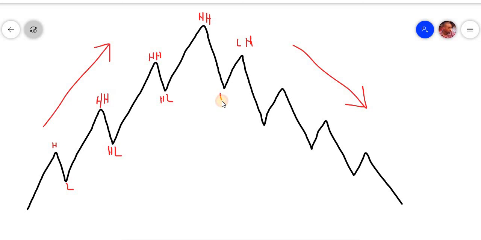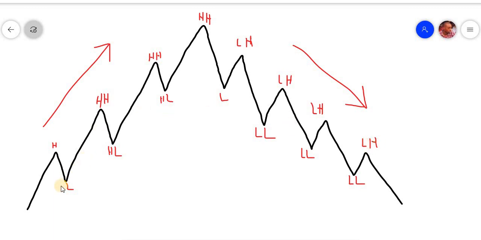This could be said to be a little bit higher than this higher low, but we can accept it as a lower low. These are lower lows, these are lower highs.